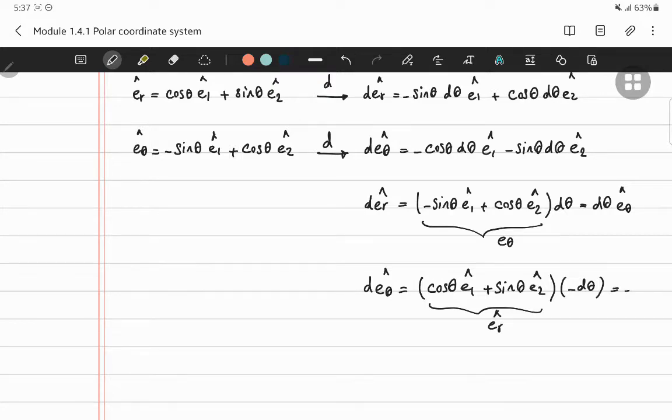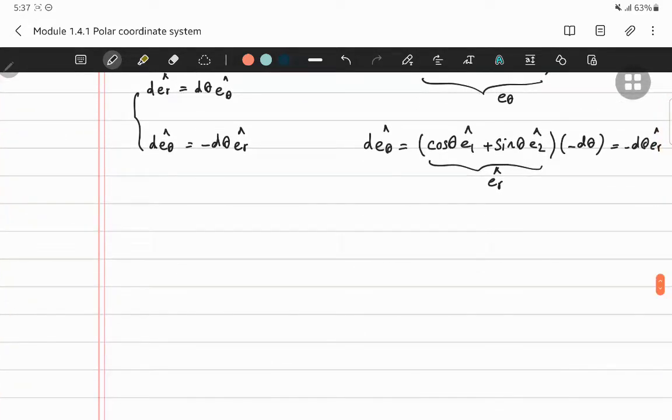So this is minus d theta er. Perfect, these are great expressions. So overall, we have d er is equal to d theta e theta, and d e theta is equal to minus d theta er.